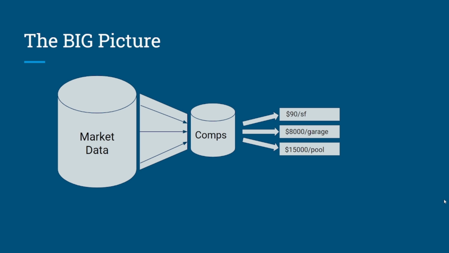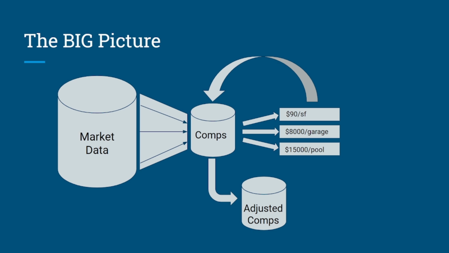We take those adjustments and apply them back to the comps so they become adjusted comps, which are supposed to be equal to your subject. That's really the appraisal process in a nutshell, at least from the sales comparison perspective.